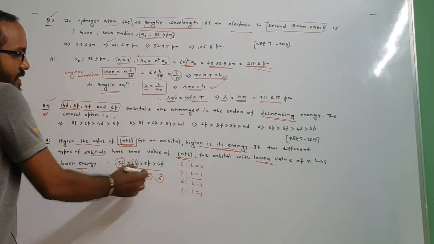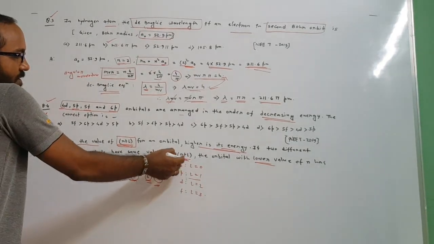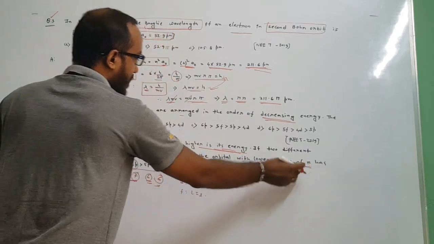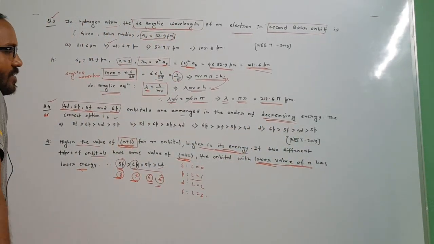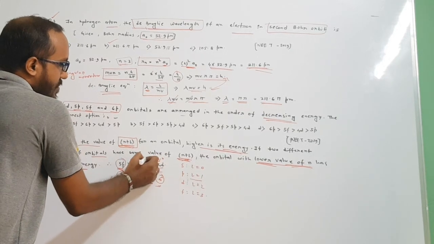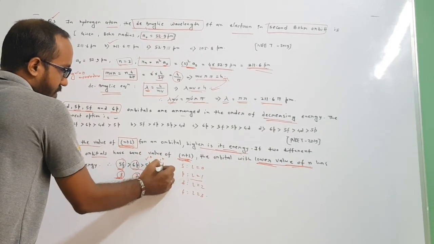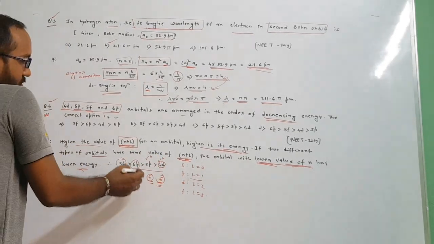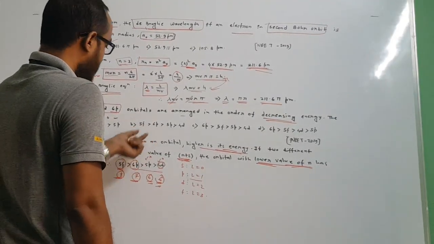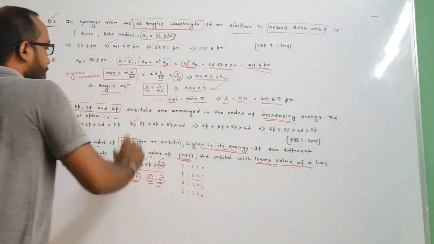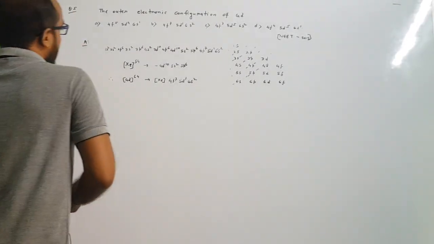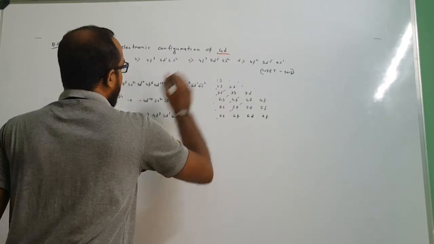For the same n plus l value, you have to find the value of n. For lower value of n, you will have lower energy. Here n value is 4, here n value is 5. So 4d would have lower energy. So our option would be 5f, 6p, 5p, 4d. Option B is correct.